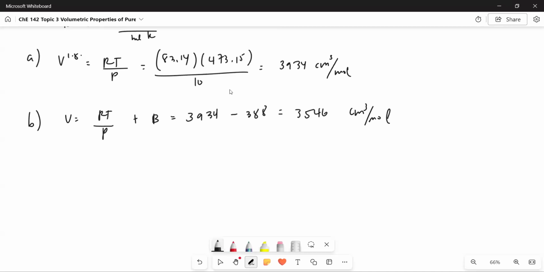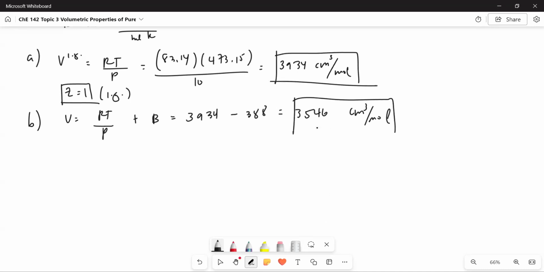For letter C, we will be doing iteration because it's difficult to solve as is. So by the way, I forgot that we're also being asked for the value of Z. So for letter A, obviously Z is 1 because it is an ideal gas. Okay, so let's box the final answers. And letter B, we also have to solve for Z. So what's Z?